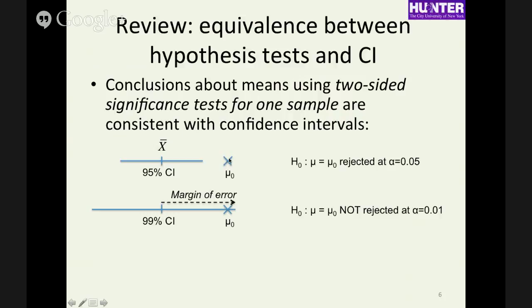So in this case, do we reject or do we not reject the null hypothesis? Yeah, we reject. And here's an example where same sample mean, but we have a larger margin of error, maybe because there's a smaller sample size, maybe because the standard deviation of the normally distributed population is bigger, but we fail to reject.